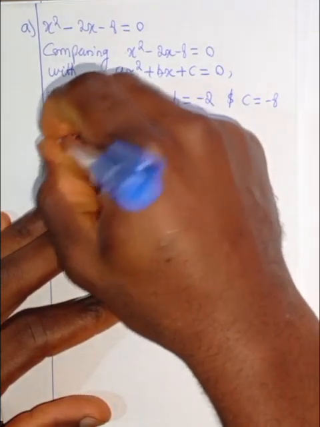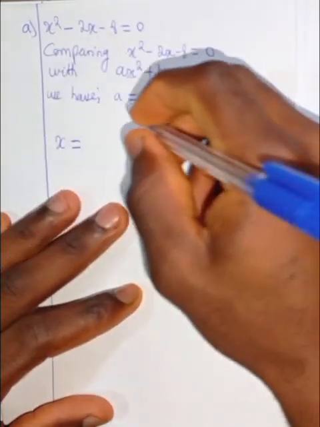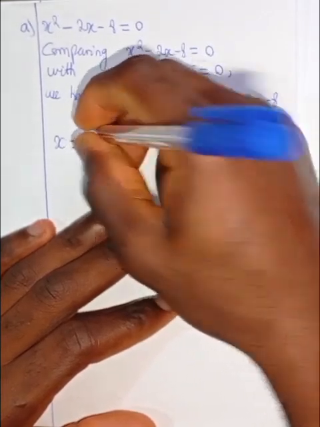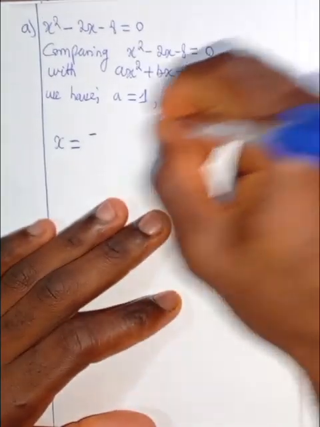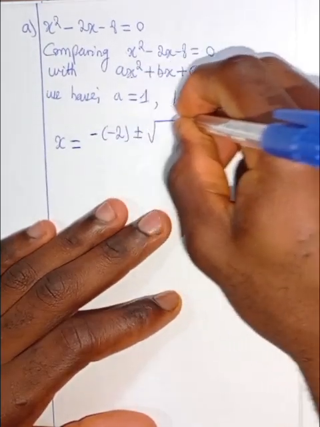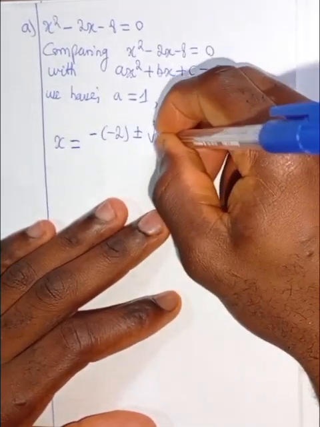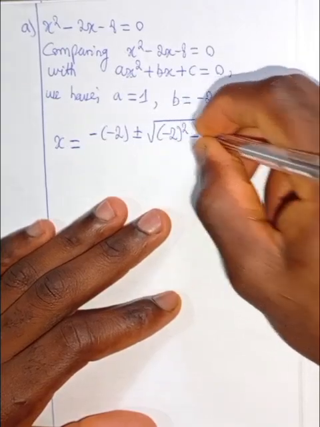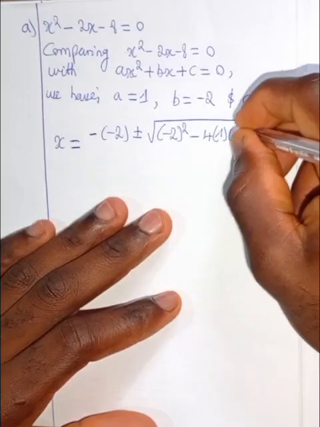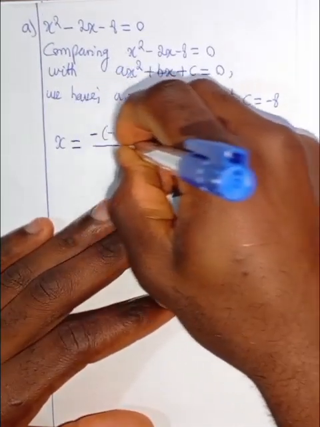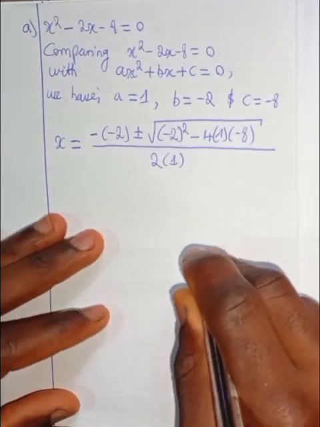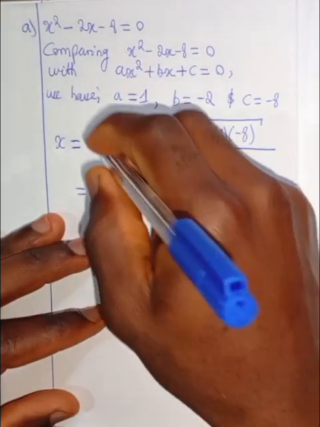x will simply be equal to negative b, put the negative, b is negative 2, plus or minus the square root of negative 2 squared minus 4a, a is 1, times c is negative 8. We have to divide all this by 2 times a, is 2 times 1.